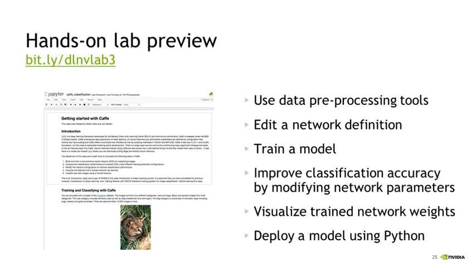You'll then find that there are some improvements that you could potentially make to your trained network to achieve better performance in that classification task. So you'll modify the network definition in a number of different ways and retrain. You'll see how you can get visualizations out of the Python interface to Caffe, and you'll actually see how you can deploy a model using the Python interface to a new data set.